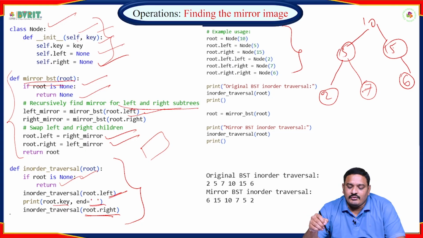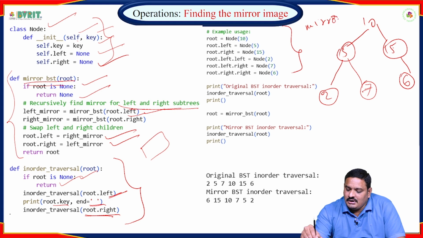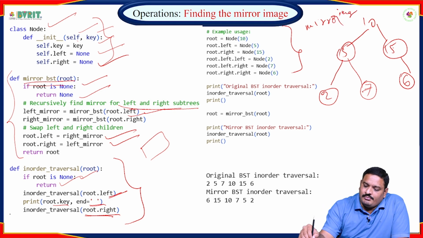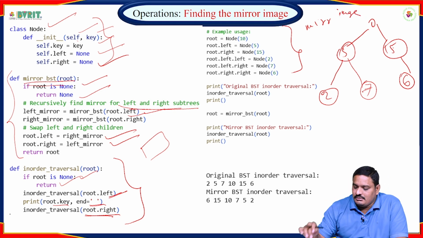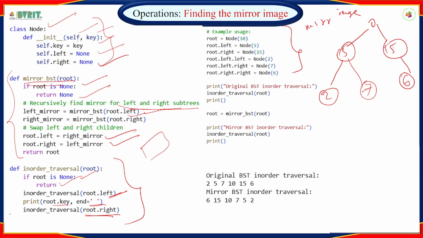Based on this tree, the traversing operation goes left to right and right to left. The nodes are interchanged. That is the basic operation for the mirror image. We do an inorder traversal of the root node and print the mirror binary search tree.